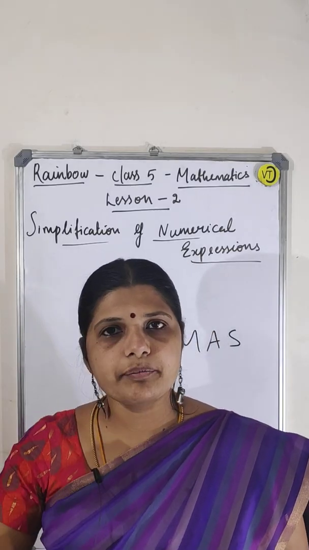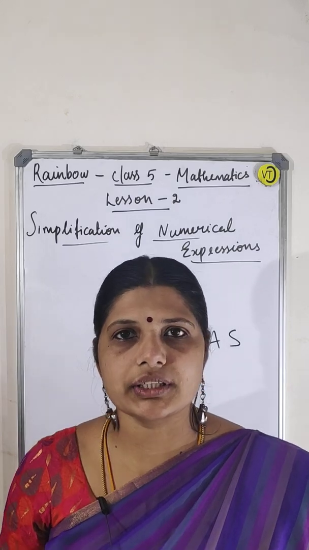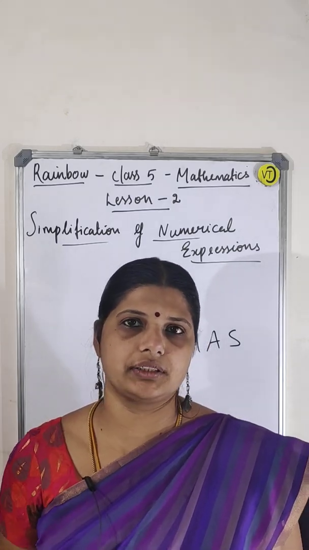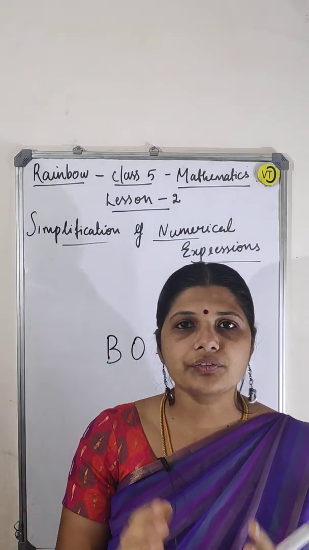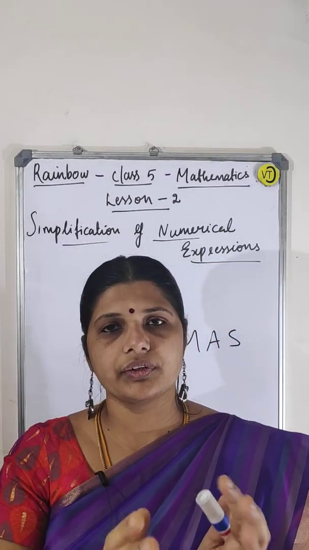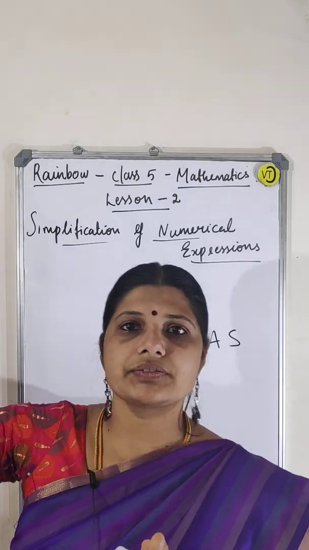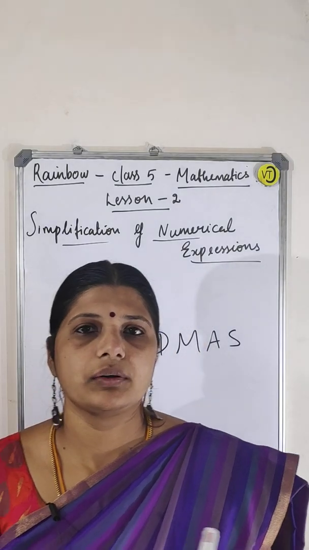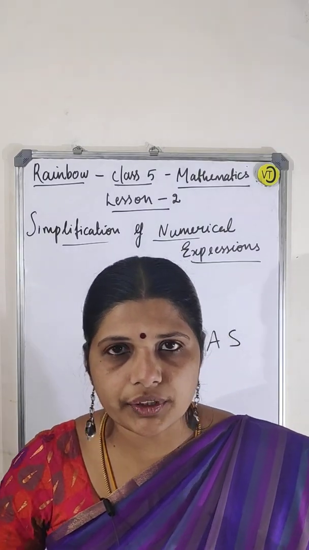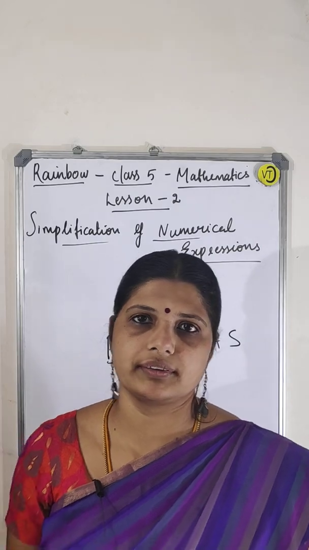The next, M, is multiplication. Then A is addition and S is subtraction. So you have to give the priority: first bracket, then of, then division, multiplication, then addition, and the last one subtraction. If you give this priority, then the expression is very easy, you can solve it.